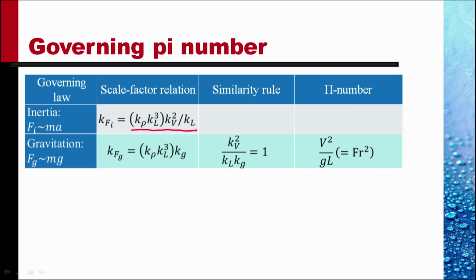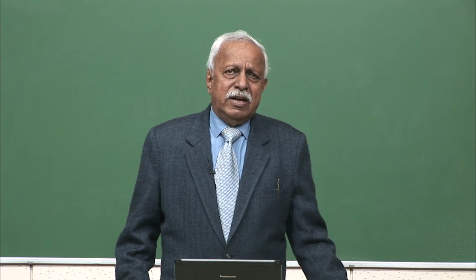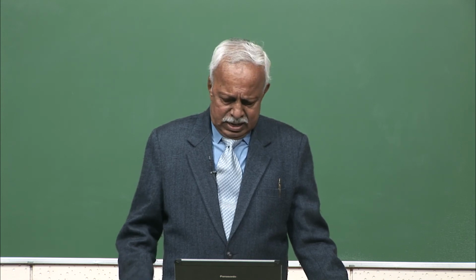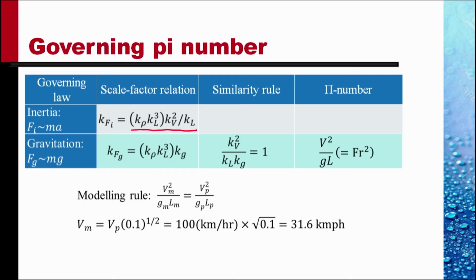So, the modeling rule is v square by gl in the model should be equal to v square by gl in the prototype, where the characteristic nature of these parameters are understood. So, Vm is Vp into Lm by Lp square root.